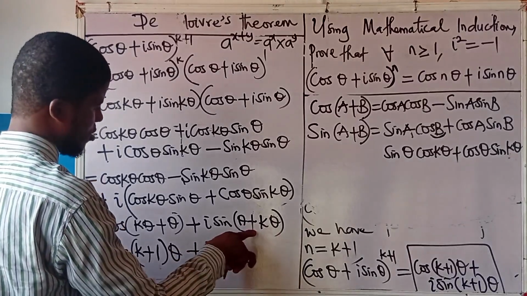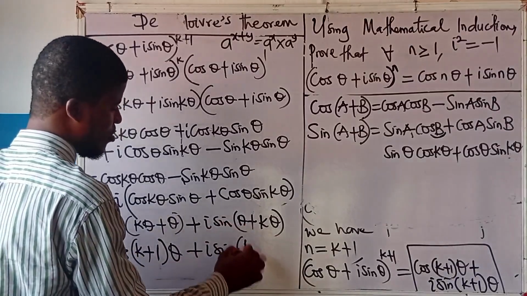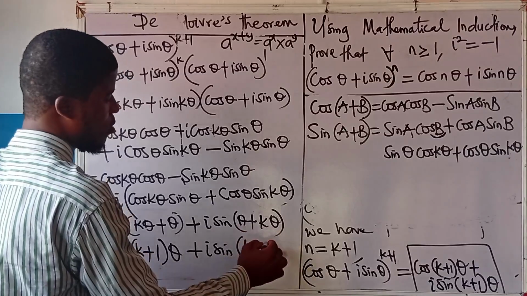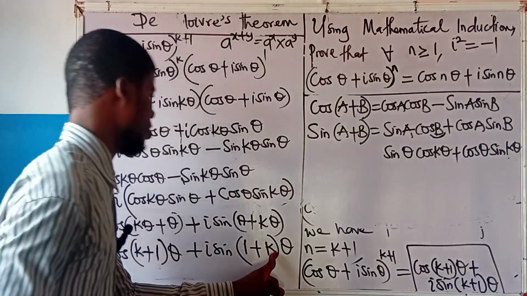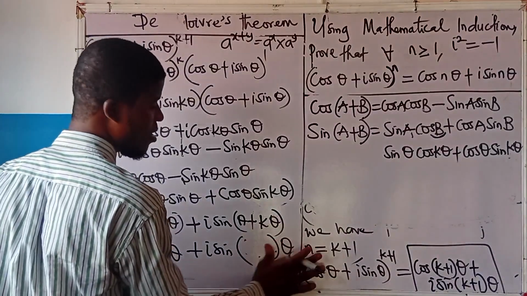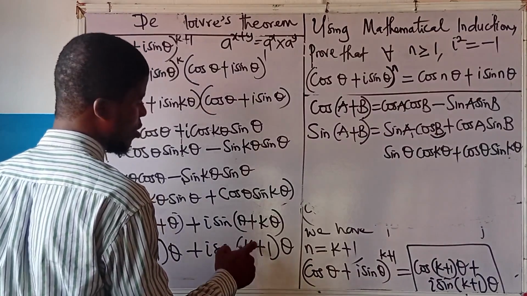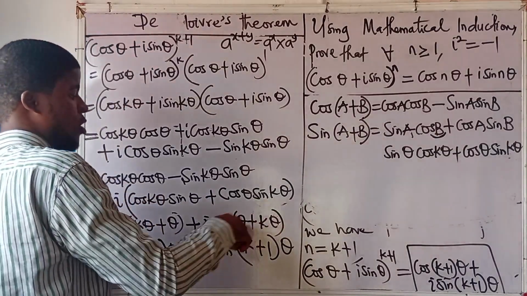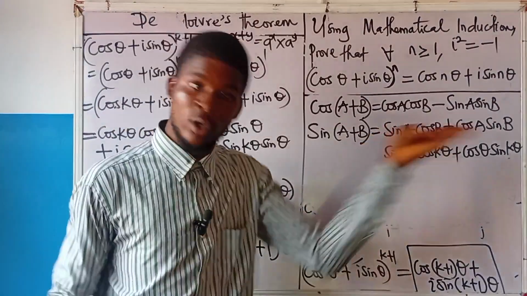What's common to this is still theta. If I bring theta out here, 0 will be 1. Bring it out here, k will be left. Theta will be outside. Do you know that 1 plus k and k plus 1 are the same? So let me just write k plus 1 here. Because 1 plus k, k plus 1 is still the same. I told you, it could have been k theta plus theta if I arranged it in that order.